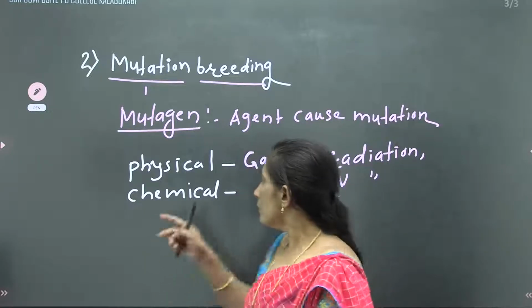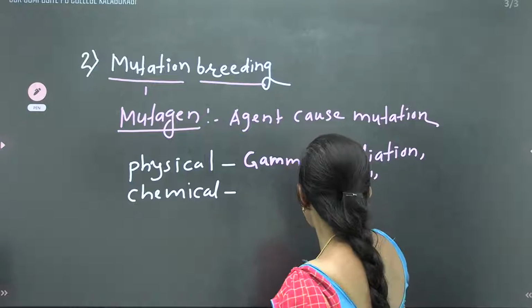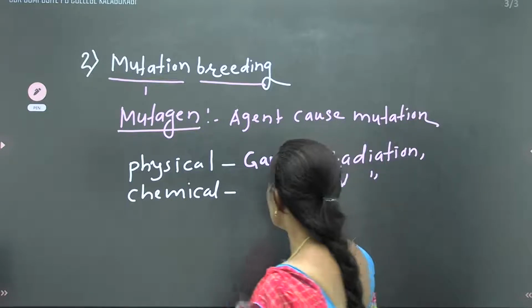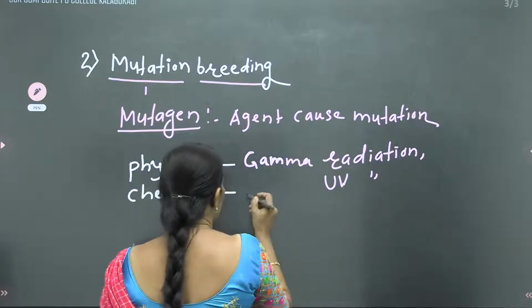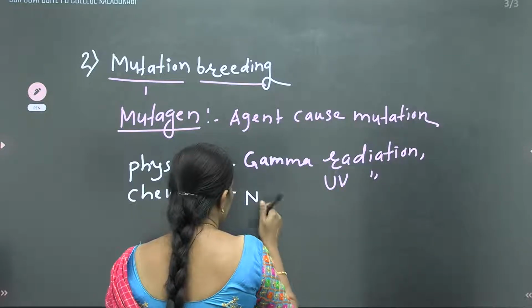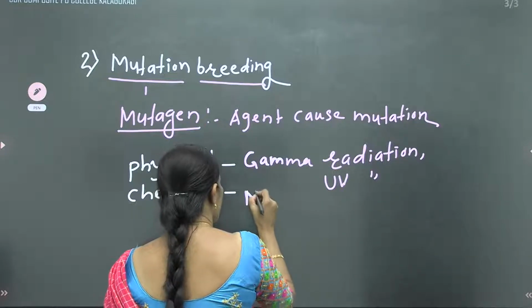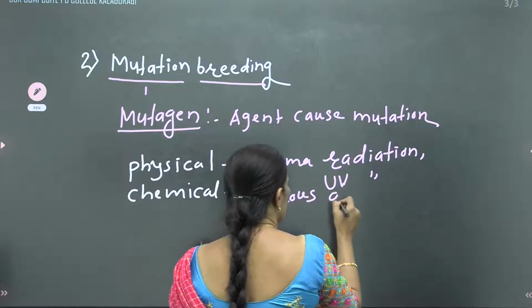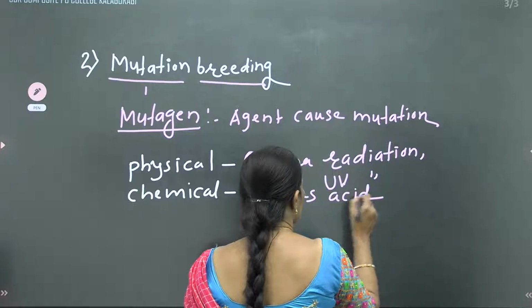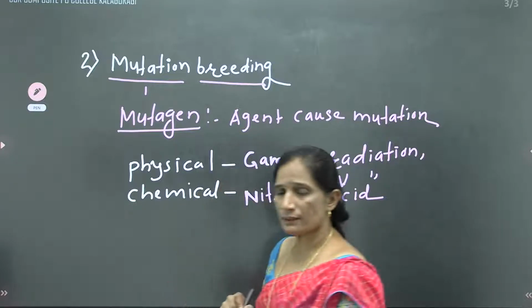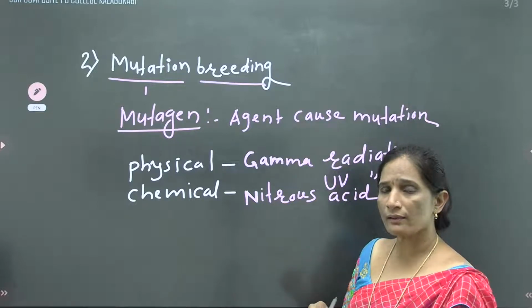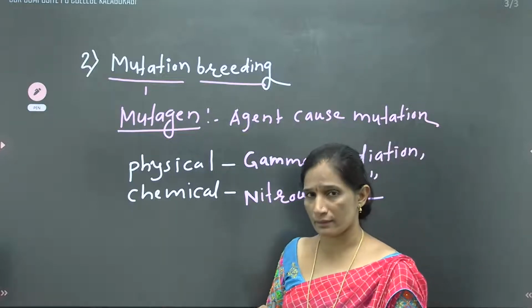So physical mutagens are gamma radiation as well as UV radiations, and chemical mutagens are nitrous acid or ethyl methane sulfonate.